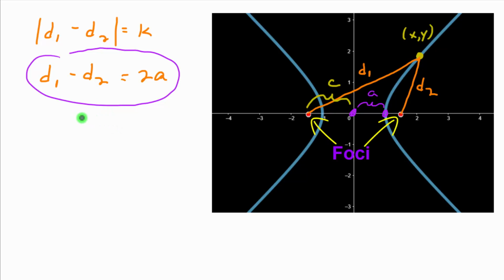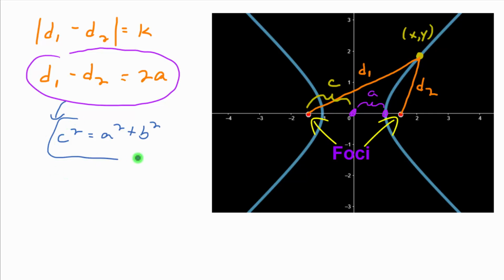And during that process, you'll figure out how C is related to A, and also to that value B. That's half the length of what's usually the shorter side of the box that we use to get the asymptotes of the hyperbola. So it turns out during the process of deriving the standard form of the equation for a hyperbola that opens horizontally, you'll end up with C squared is equal to A squared plus B squared.